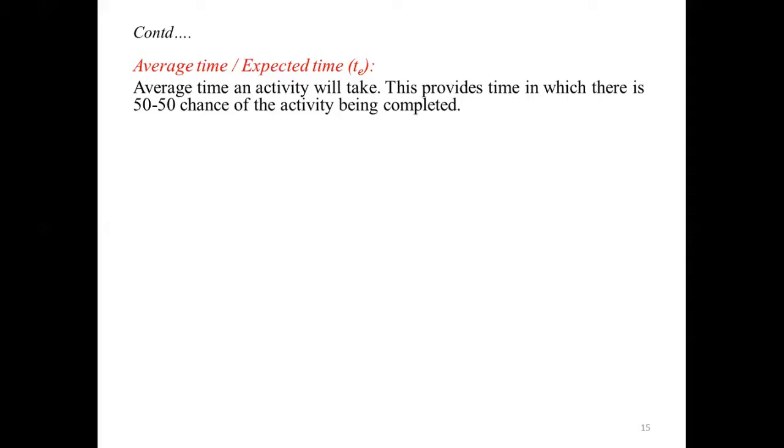This time will provide a 50-50 chance of the activity being completed. It means whatever the time you get, this expected time provides a 50-50 chance of the activity being completed. It is known as average time or expected time.